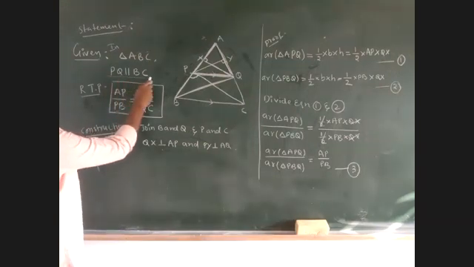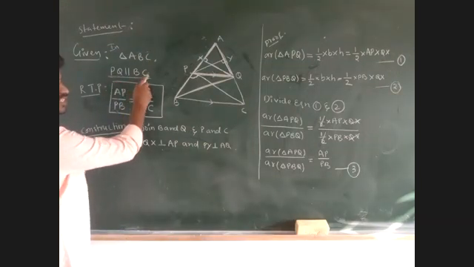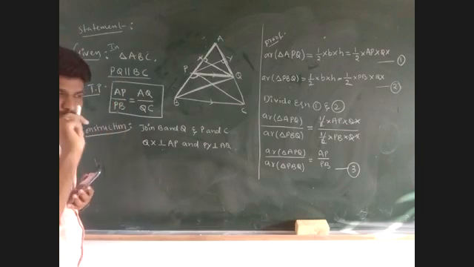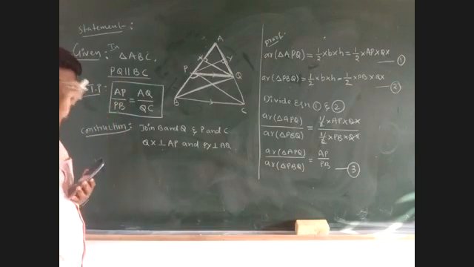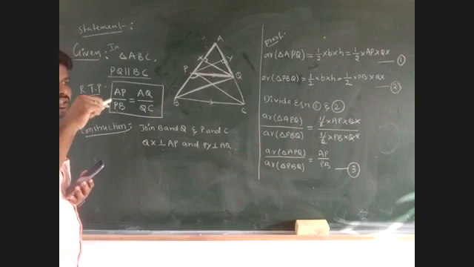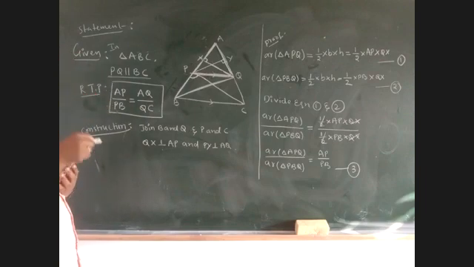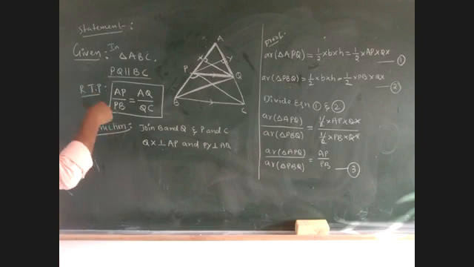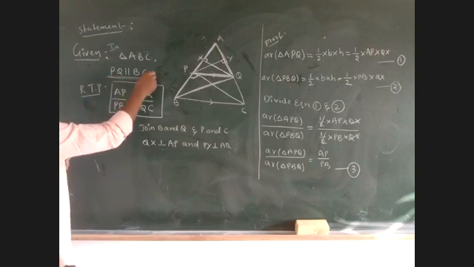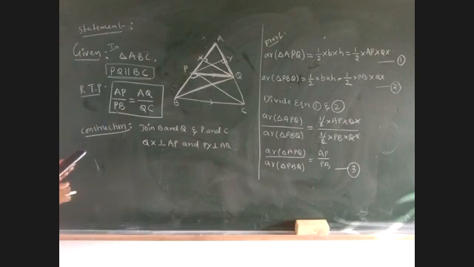This is the given condition. According to the statement of basic proportionality theorem, if a line is drawn parallel to any one side of a triangle, that is the given condition. That's why in triangle ABC, PQ is parallel to BC.